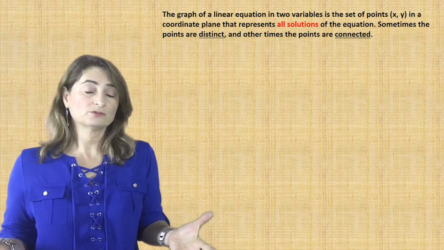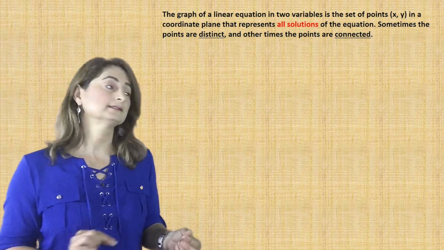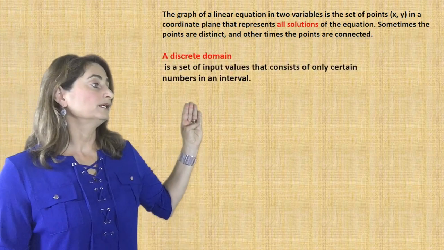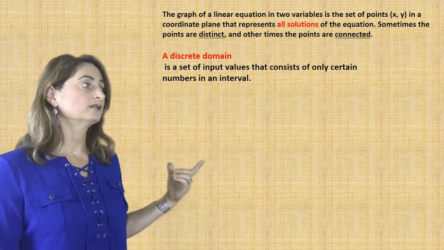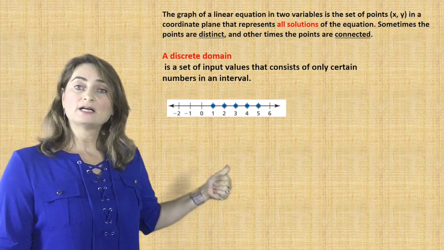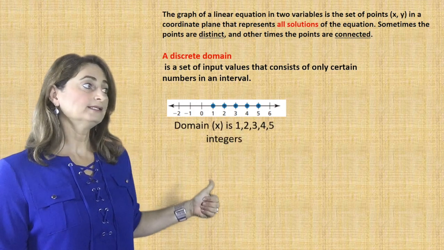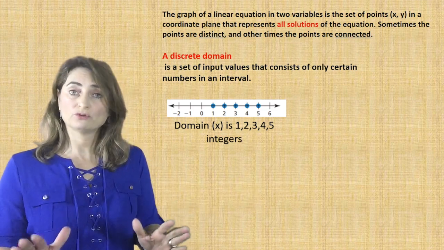So what's the difference when you see a graph with points by themselves or a connected line? That's where we come into something called a discrete domain. Domain is the x. Look at this graph. There's only dots on 1, 2, 3, 4, and 5, which means the domain x is 1, 2, 3, 4, 5, only integers, no decimals, no fractions.